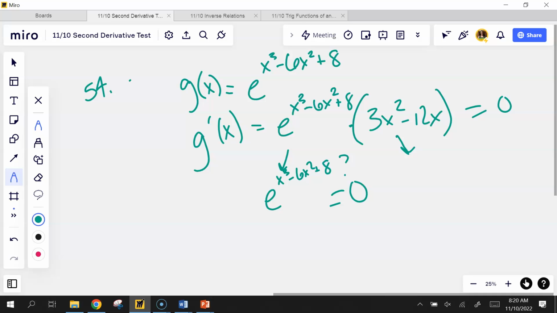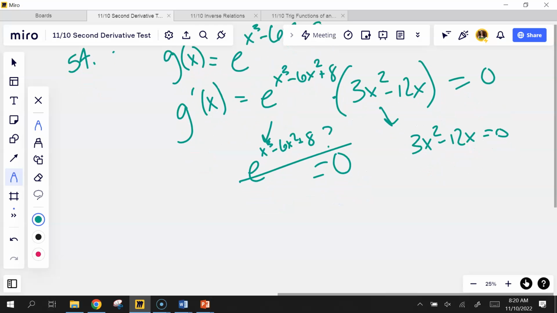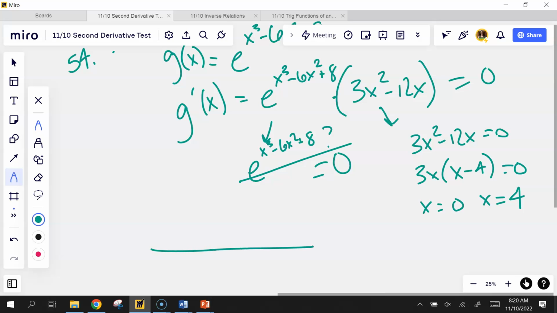Never, right? There's nothing you can raise it to make it 0. You can get really, really close, but you can't actually be 0. So that's not even a part of my solution. Now I can look at 3x squared minus 12x equaling 0, and I can factor that. That's a pretty easy solve. 3x times x minus 4. So I have two potential critical points here: 0 and 4.